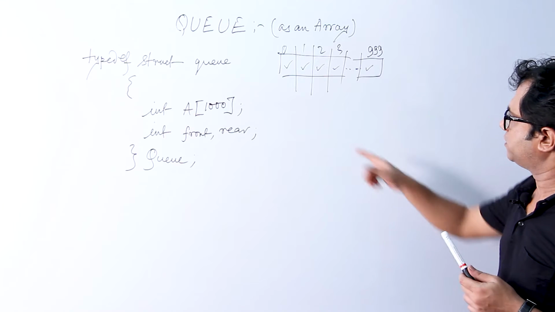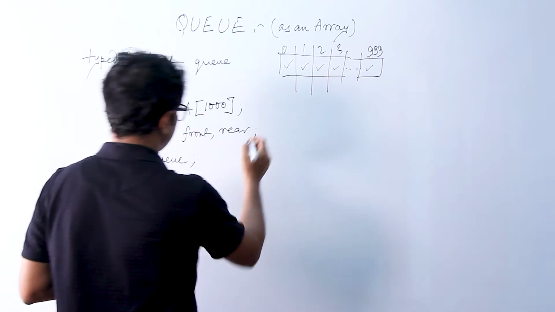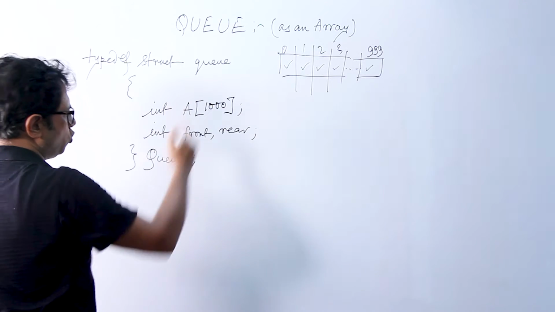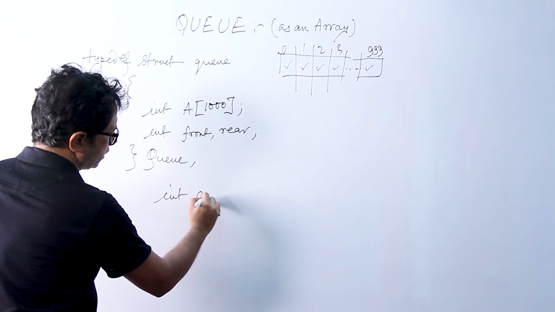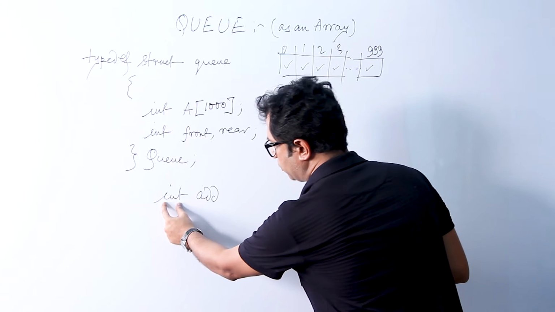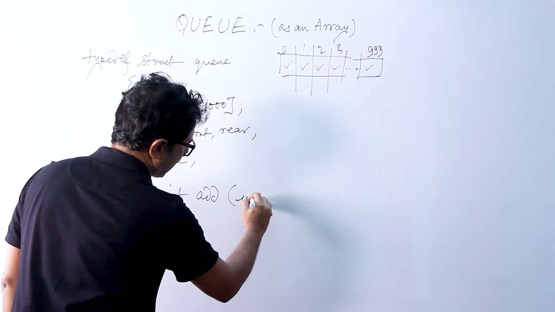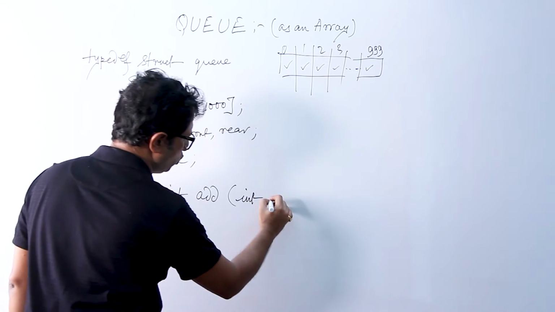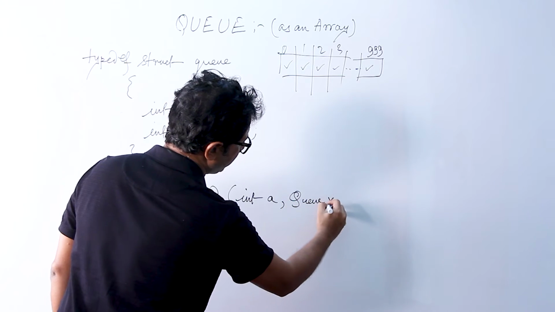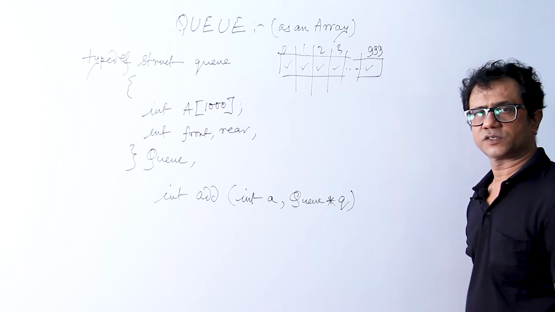So let's write the function of addition. Suppose I am writing this function like this: queue int add. I am writing the function name to be add, returning a value of integer data type, int add, an item which is to be inserted into the queue, let it be int a, and another pointer variable q, star q, just as we have taken in the case of stack as stack star s.